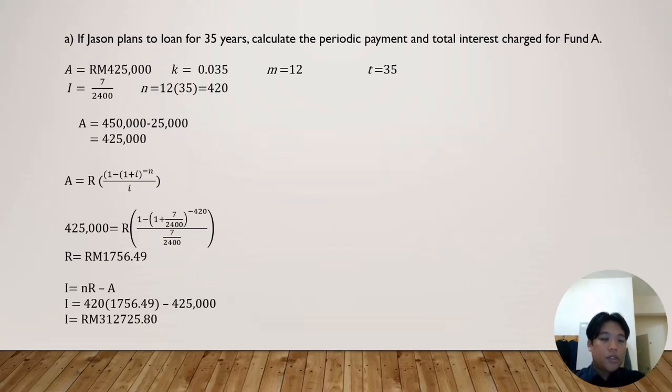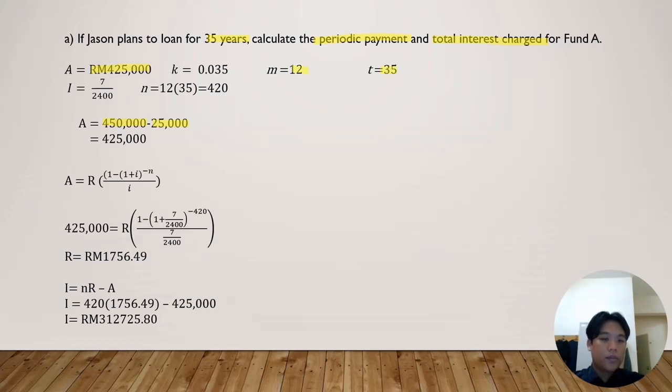Question 1a. If Jason plans to loan for 35 years, calculate the periodic payment and total interest charge. So A, 425,000 ringgit. To get A, 450,000 minus 25,000 that he has for down payment. T is 35 here.